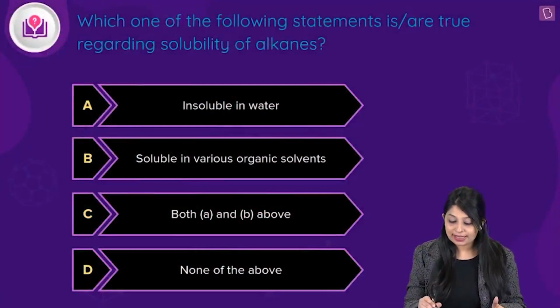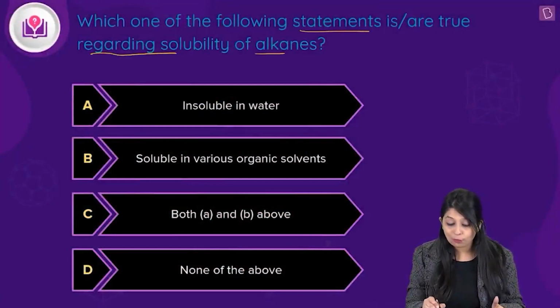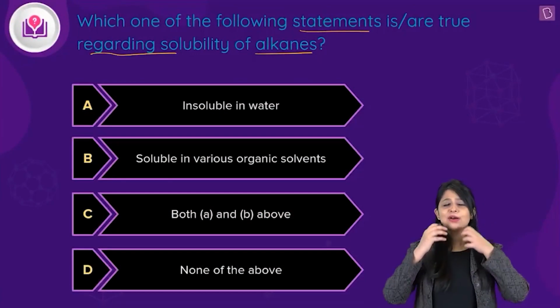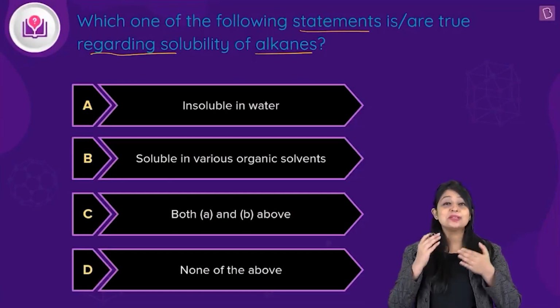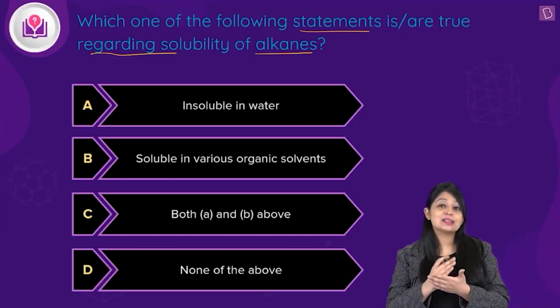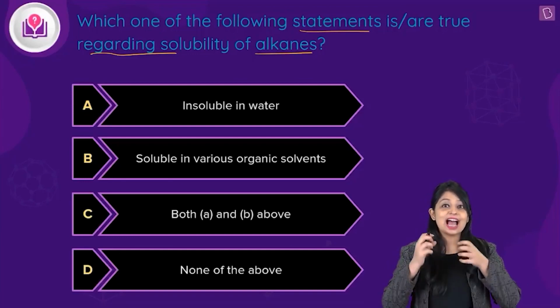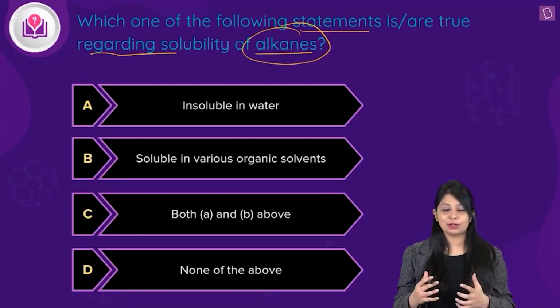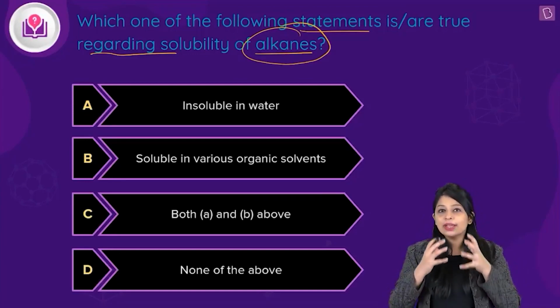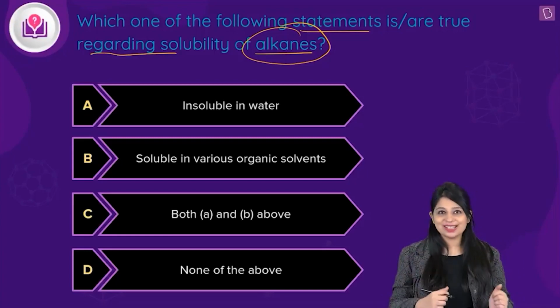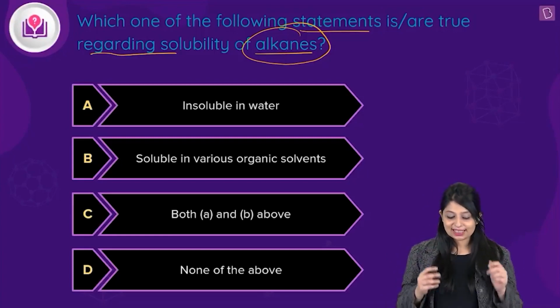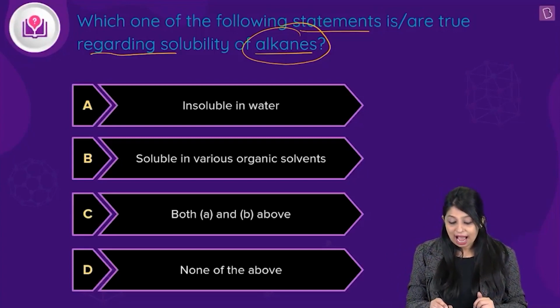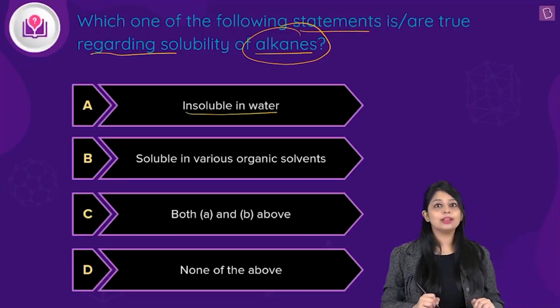Let's have a look at this question. Which one of the following statements is true regarding solubility of alkanes? Okay, so what do we know about solubility? We know that like dissolves like, right? And alkanes are non-polar in nature. After knowing this, let's move on to the statements. Statement A is that alkanes are insoluble in water.